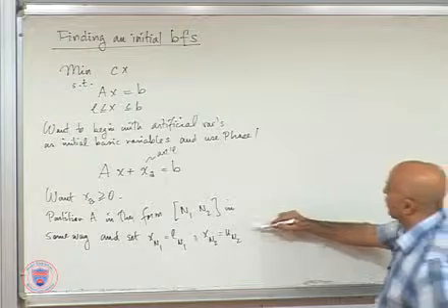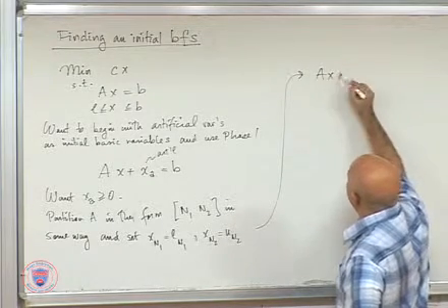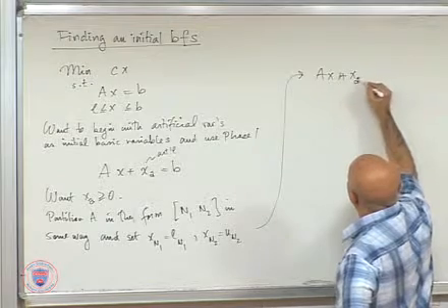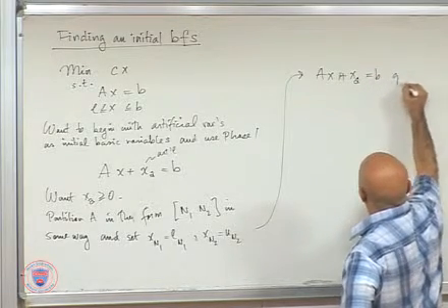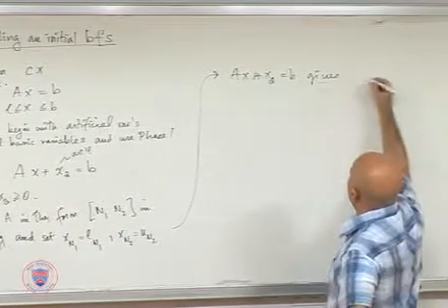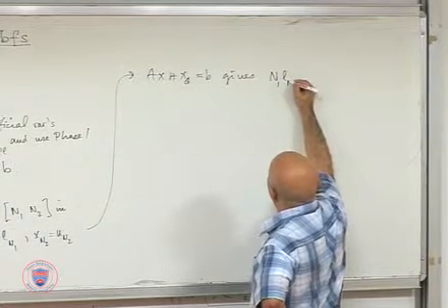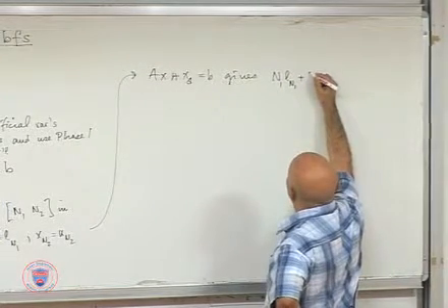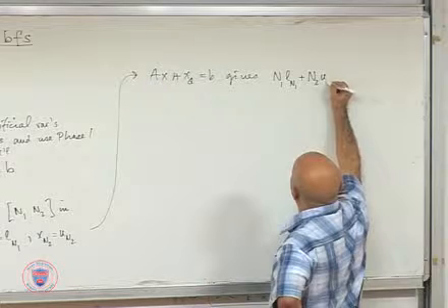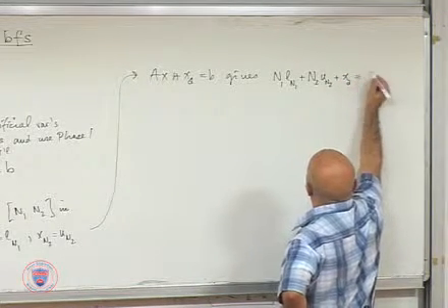Then, of course, the system Ax equals b, well, Ax plus x_a equals b, gives, what does it give? This part is partitioned now. It will give you N1 l_N1 plus N2 u_N2 plus x_a equals b.